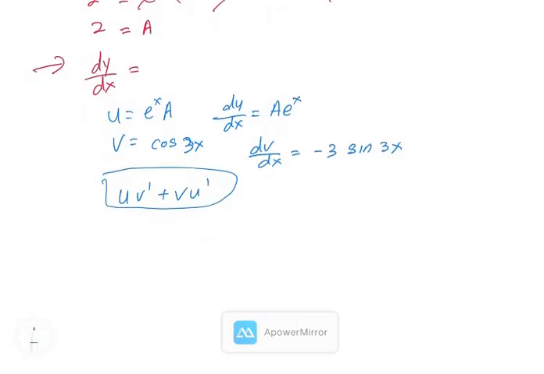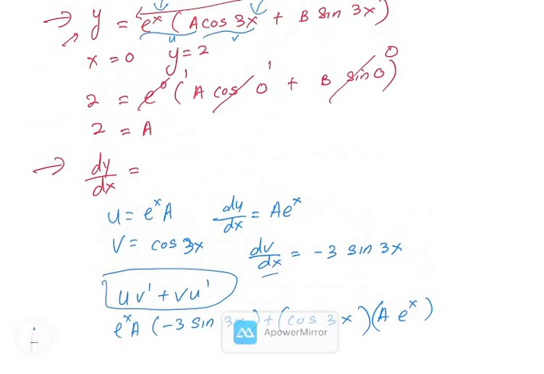So u is a e to the power x, v prime is negative 3 sin 3x, plus v, which is cos 3x, times u prime, which is a e to the power x. So this is for the first part only.